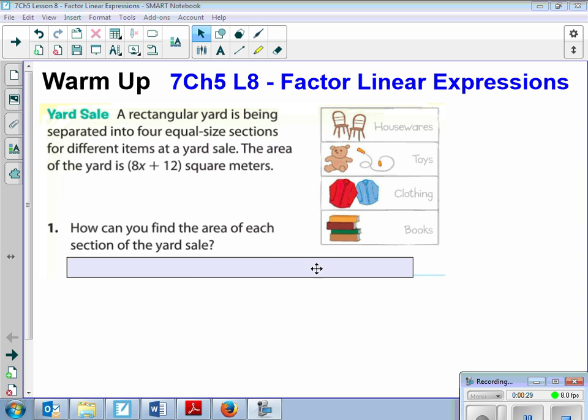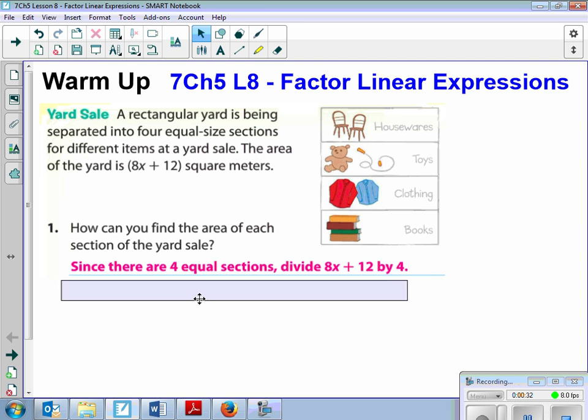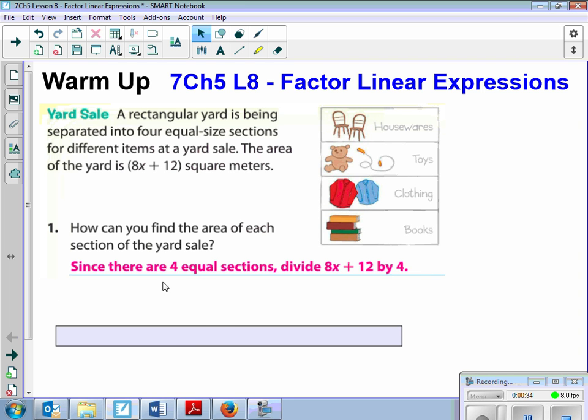So all you have to do is take the entire yard and divide it into 4 equal sections. So all we have to do is divide the 8x plus 12 by 4. Now, I'm going to show you how to do that.